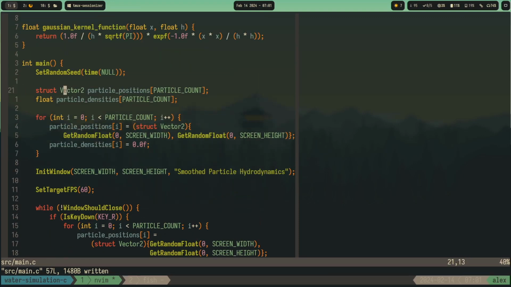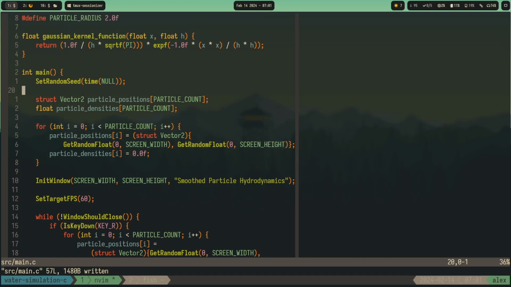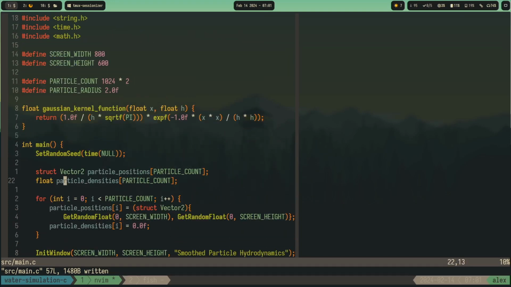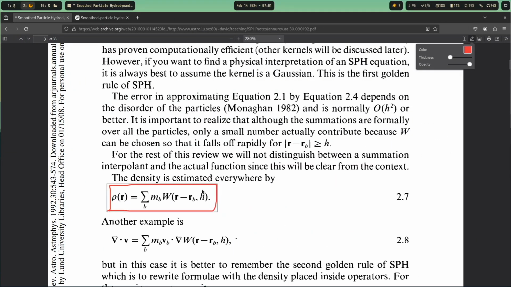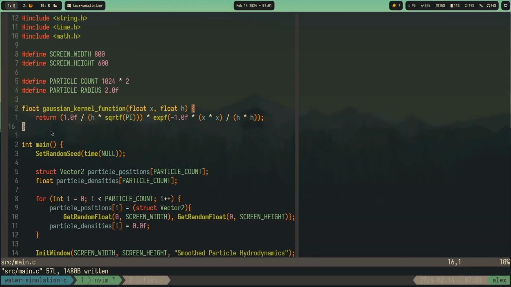We'll have a structure, maybe, for a particle, but for now, let's just keep things simple. And yeah. So we could have a function, right?